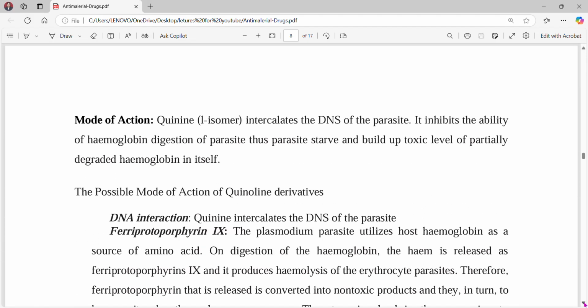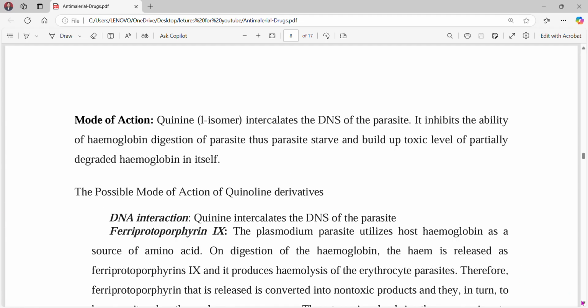so the mode of action of our earlier drug, that is quinine sulphate. Quinine intercalates the parasite, that is, it inhibits the ability of hemoglobin digestion of the parasite. Thus the parasite starves, with a build-up of toxic levels of partially degraded hemoglobin in itself.